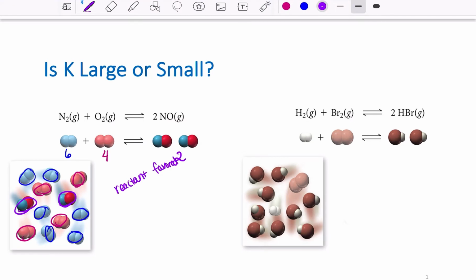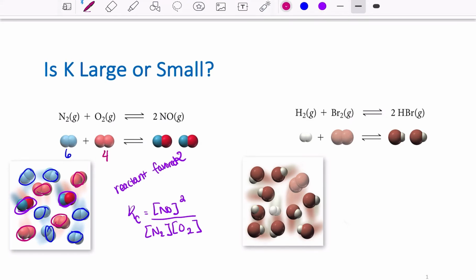What if I wrote out the Kc expression for this? Here's my Kc expression. Let's plug in the numbers we have. Let's pretend these are the concentrations we have.